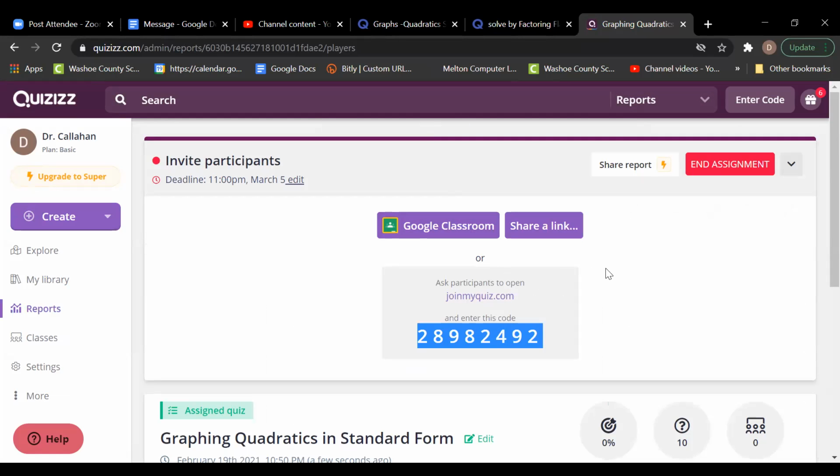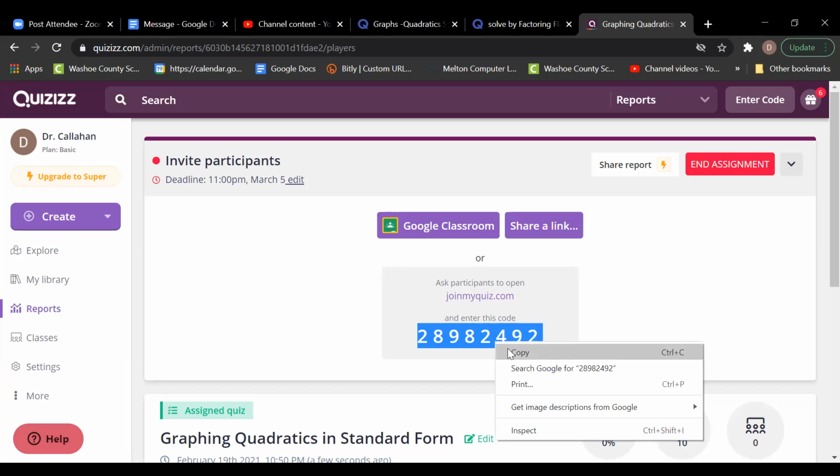And so what you're going to do is go to join my quiz and then insert this code. So I'm going to go ahead and move it this way. So you can see the code is 289-82492.